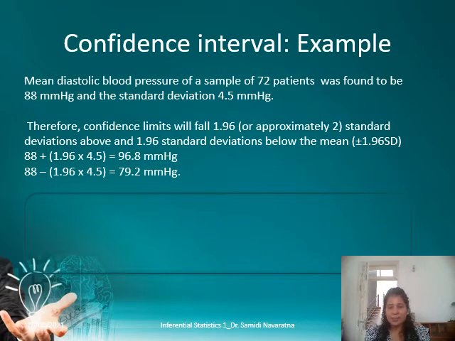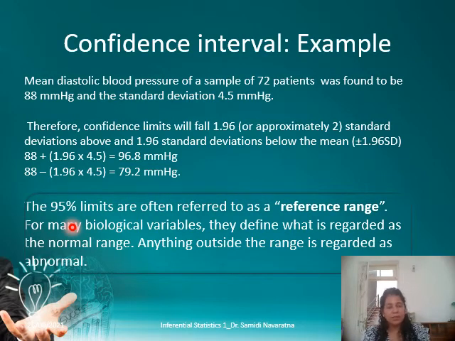Therefore, the confidence limits will fall 1.96 standard deviations above and 1.96 standard deviations below the mean. Here I have given the calculation. You need to substitute these values into the formula I gave you in the previous slide. And the result is that the lower limit is 79.2 millimeters of mercury and the upper limit is 96.8 millimeters of mercury.